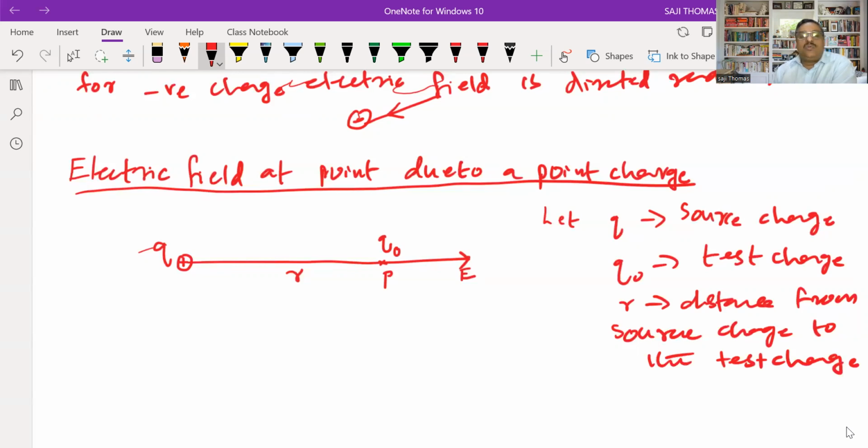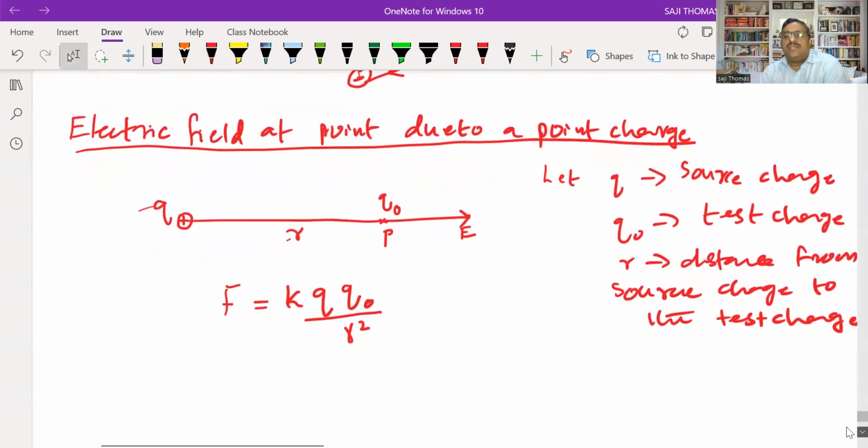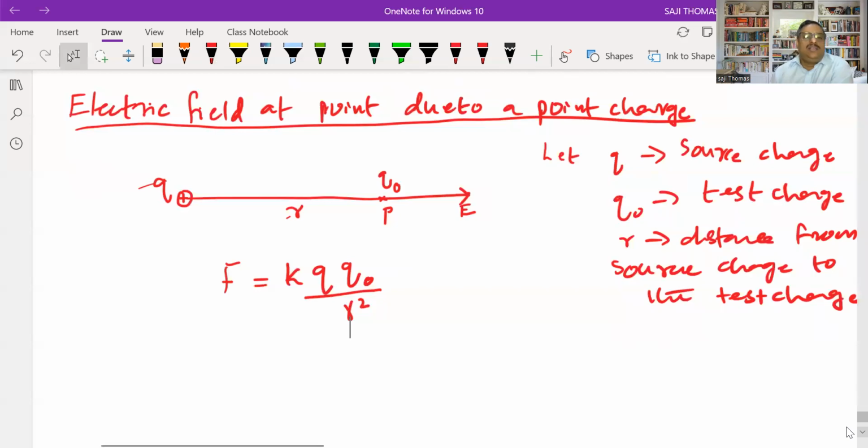Now, using Coulomb's law, you can calculate the force between these two charges. What is the force equation? F equals K into Q into Q0 divided by R square. This is Coulomb's law, the magnitude of force between these two charges. Now, you know the definition of electric field intensity.